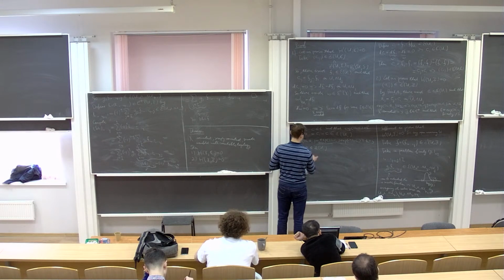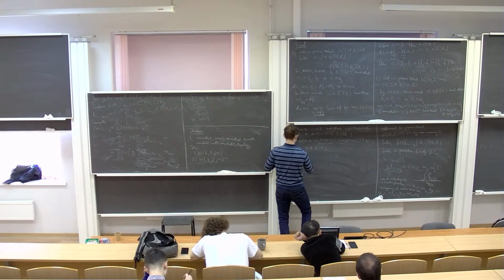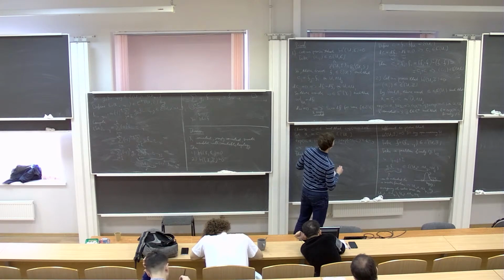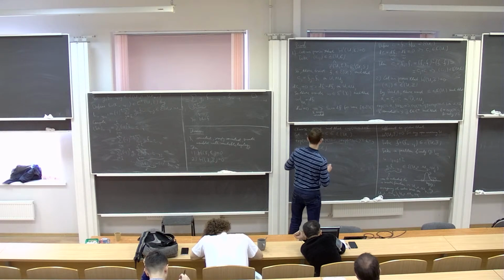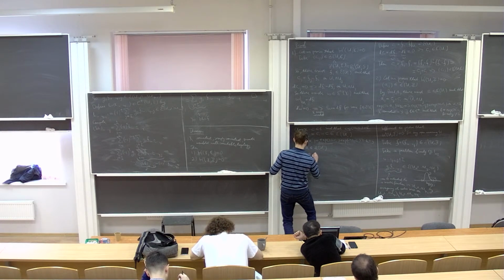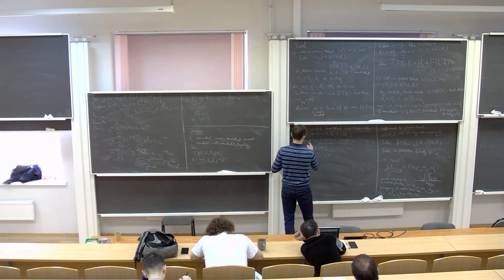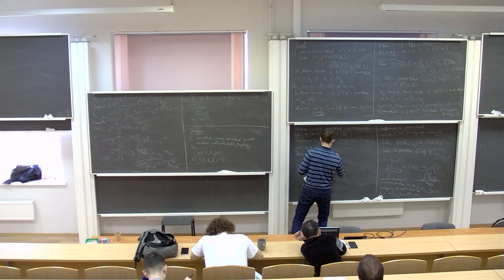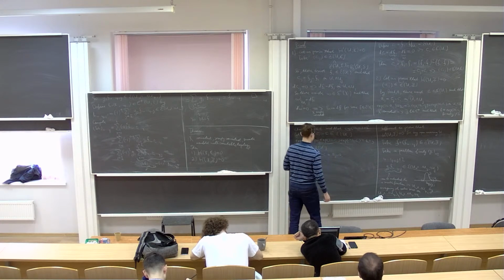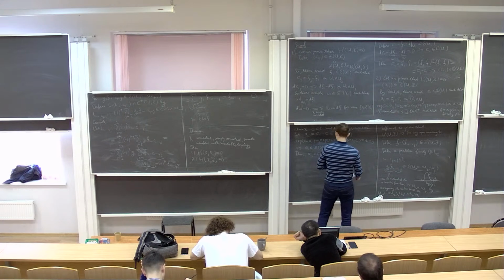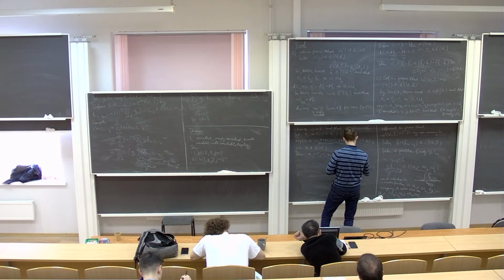And our cocycle Aij is equal to Cj minus Ci, which is obviously equal to Aj minus Ai. So it implies that this cocycle is a coboundary.